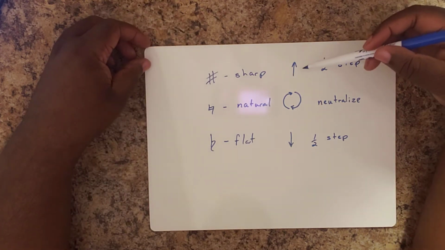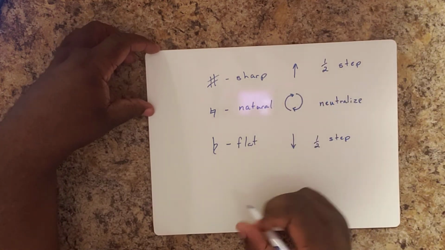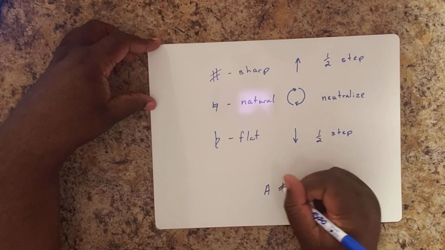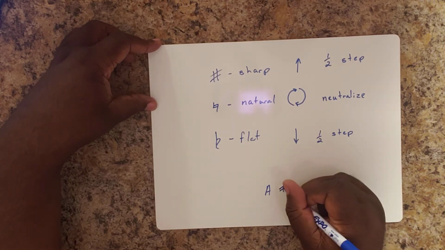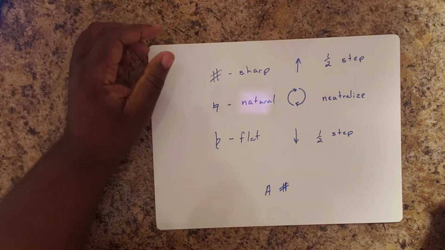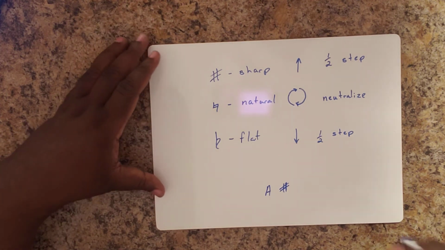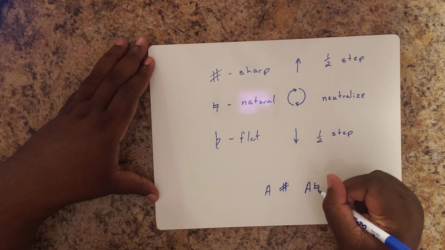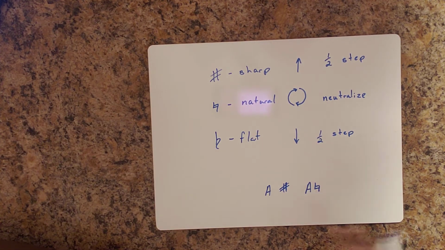So you have your A, I'll put that here, and you say, boom, it's A sharp now. The note just went up a 1/2 step. And then the very next note to it says A natural. Two completely different notes.